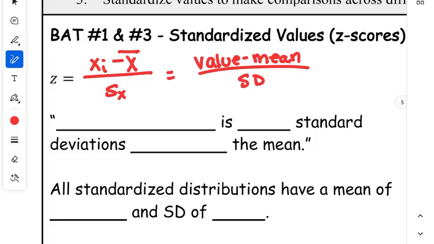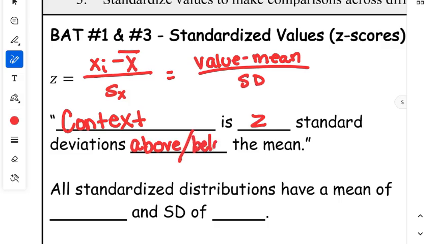Once you find it and you're writing it in a sentence, this is a sentence starter. You would say whatever the context is, like Bugs's score is, whatever the context is, then put your z right there, is 0.67 standard deviations, I guess it was Daffy that was that, above the mean, or below if it is negative.